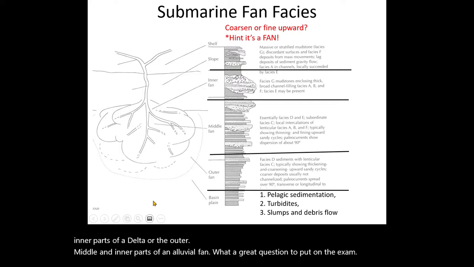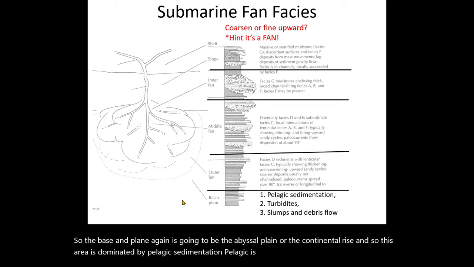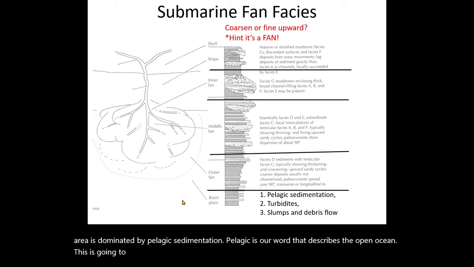So the basin plane, again, is going to be the abyssal plain or the continental rise. And so this area is dominated by pelagic sedimentation. Pelagic is our word that describes the open ocean. This is going to be muds that are settling out of suspension. So laminated muds and silts are our pelagic sedimentation.